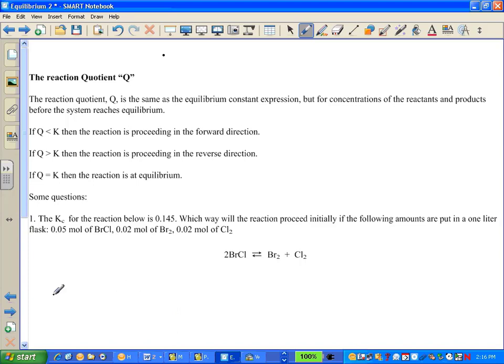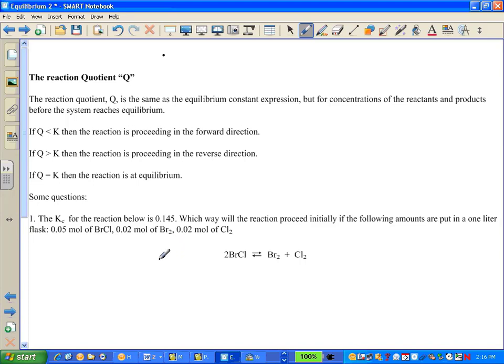We've got the Kc for this reaction is 0.145. And it says, which way would the reaction proceed initially if the following amounts are put into a 1 liter flask? We've got the amount of BrCl, Br2, and Cl2.